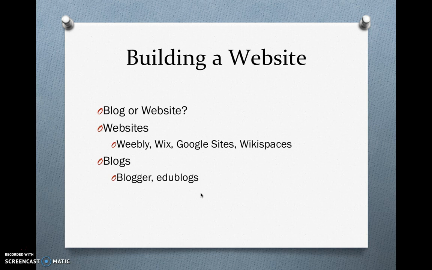But if you want to have content that just stays there year round and doesn't change too much, then a website's probably what you want. And these sites I recommend: Weebly, Wix, Google Sites, and Wikispaces. Probably in that order as well. That I would recommend using these for an educational site. And then blogs, if you want to do a blog, I'd probably recommend Blogger or EduBlogs.